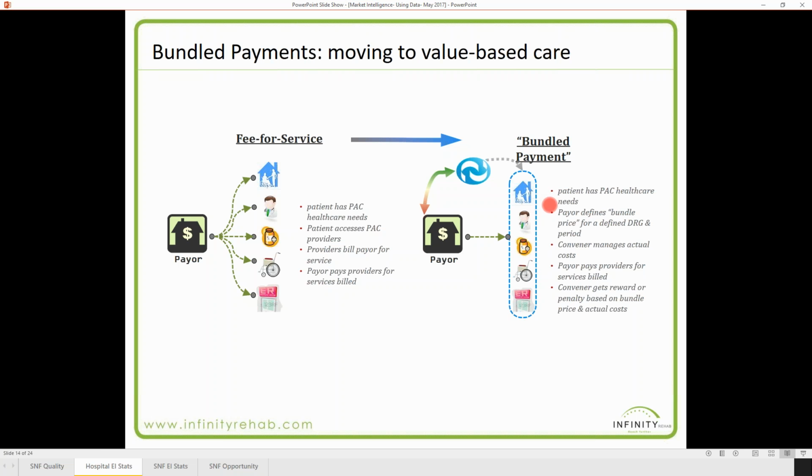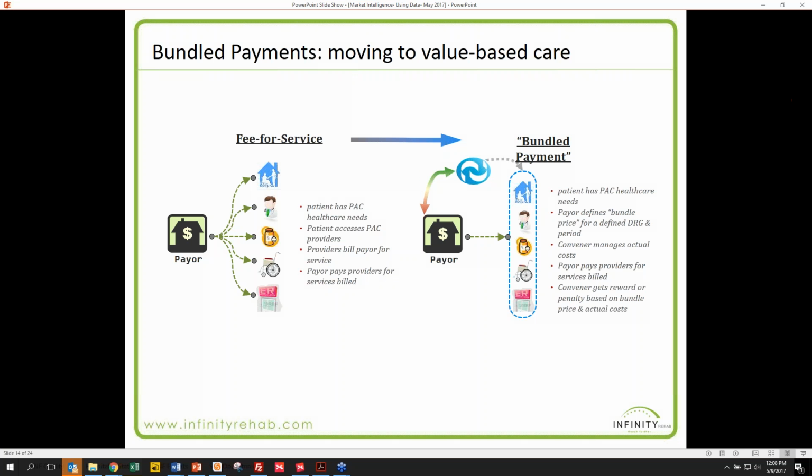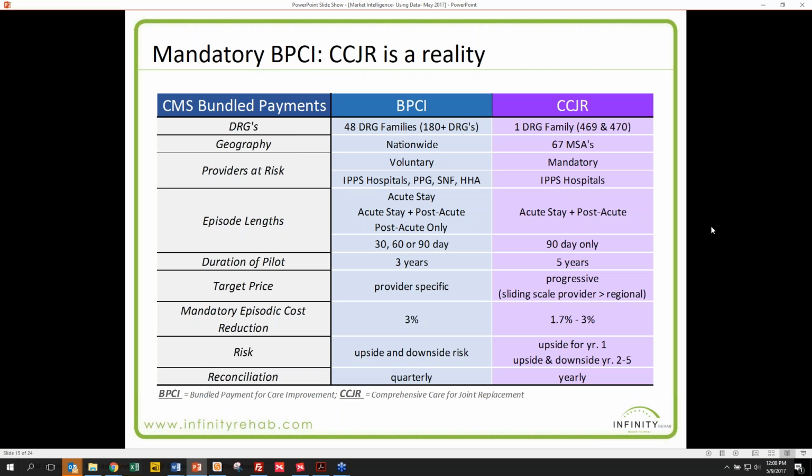And if you are over that target, Medicare will penalize you for that. And if you're under that target, Medicare will reward you for that. And this bundle payment, as you can see the theme, is a very broad period. It can cover as much as 90 days of an episode, meaning 90 days from the time a patient gets admitted at your facility.